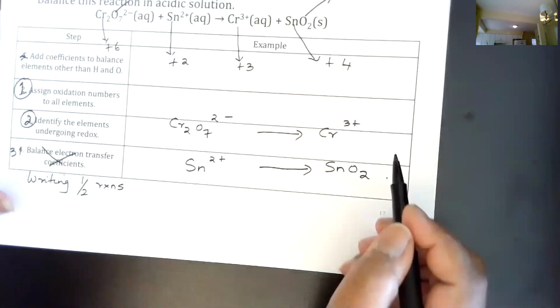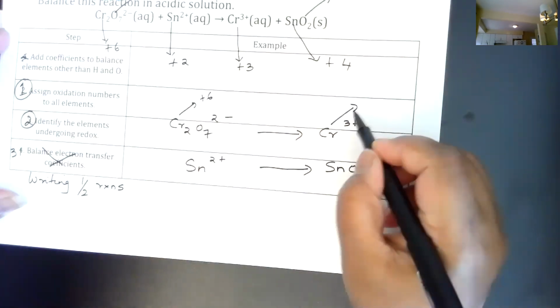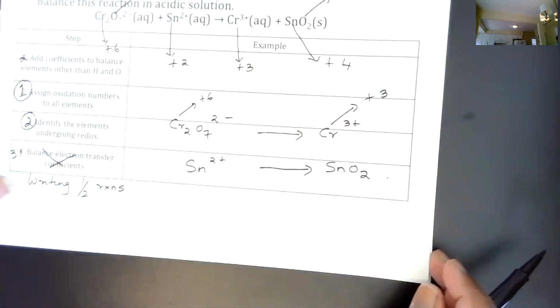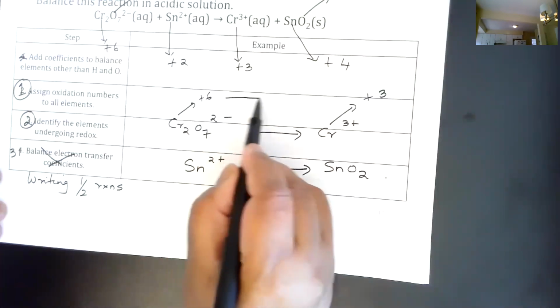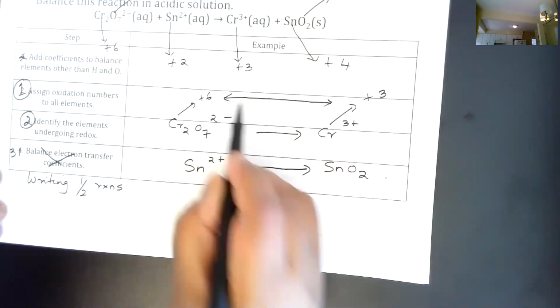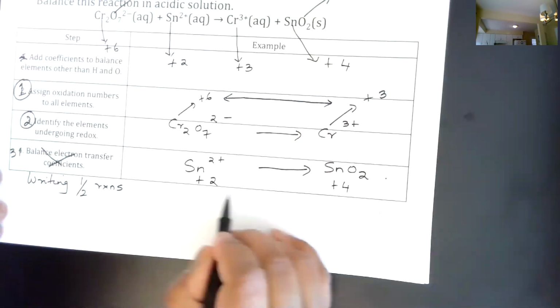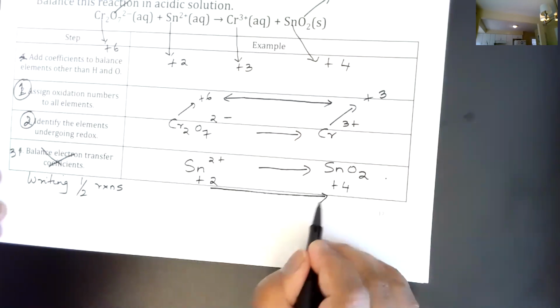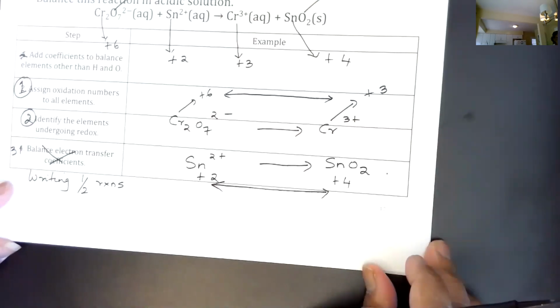Now, this is +6, and this is +3. So is this oxidation or reduction? And this is +2 going to +4. So which is oxidation, which is reduction?